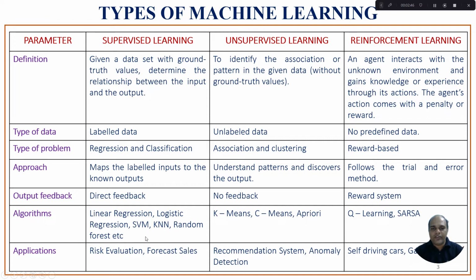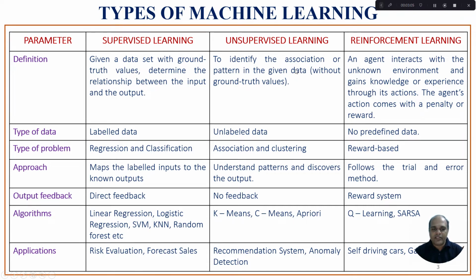The next type of learning is unsupervised learning. In unsupervised learning, we have the data, but the corresponding ground truth values or labels are not present. In such a scenario, we can find associations or patterns in the given data.